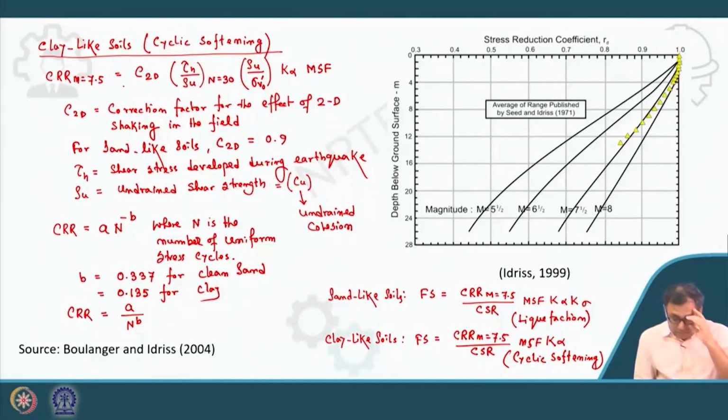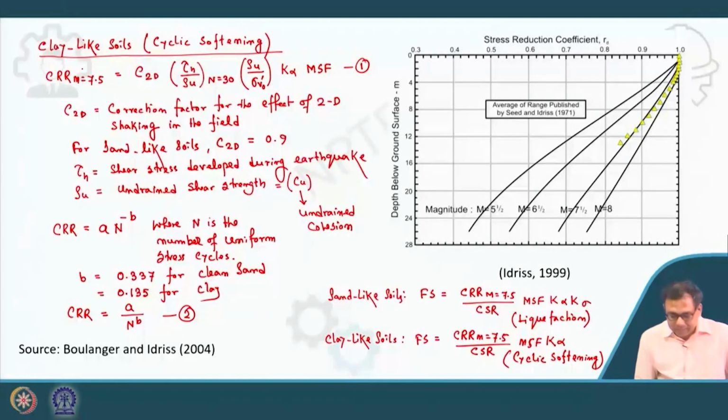Now if I equate these two, because this is also the CRR and this is also the CRR, equation 1 and equation 2, then I can write CRR n to the power b.